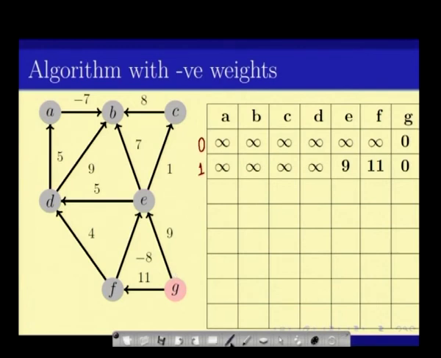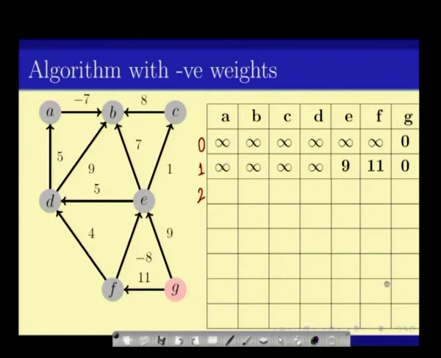Now, let us look at the second step, which is 2. What is the shortest distance for any vertex from G using 2 steps? For E, consider G to E using 2 steps: it is G to F using 1 step, which is 11, plus F to E using 1 edge, which is -8.